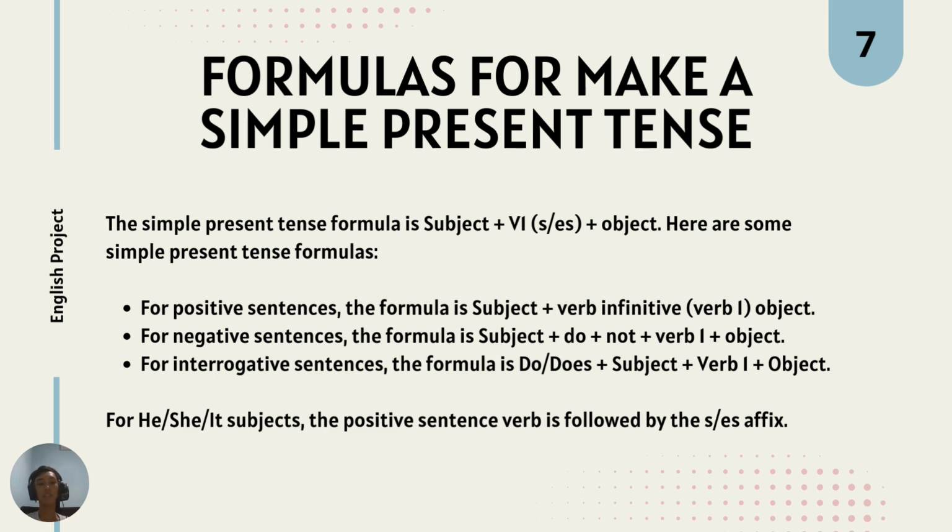For a negative sentence, the formula is subject plus do plus not plus verb 1 plus object. For an interrogative sentence, the formula is do or does plus subject plus verb 1 plus object. For he, she, or it subjects, the positive sentence verb is followed by the s or es affix.